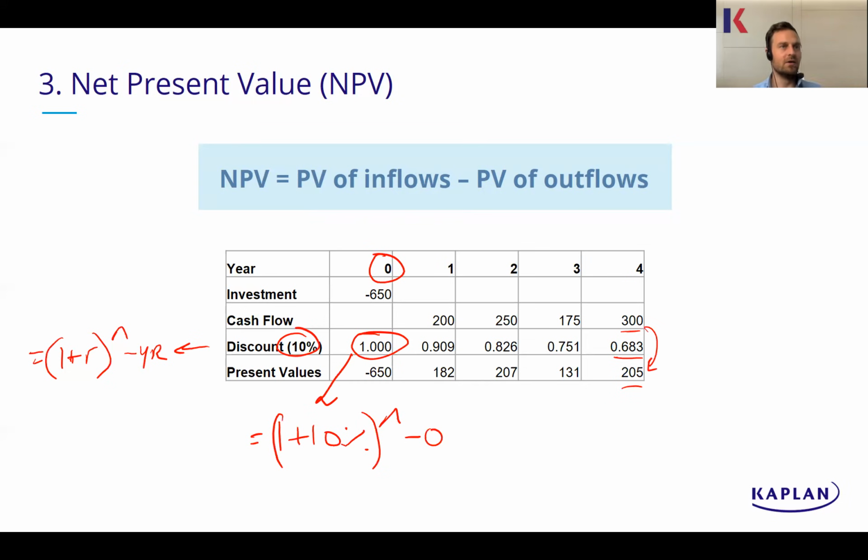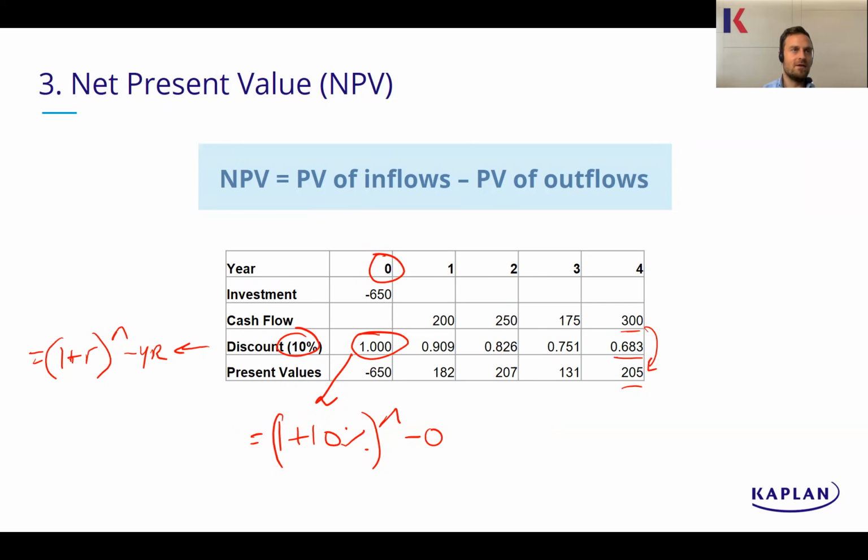So that'll give you 0.909, etc. So that's a nice little shortcut. And what you can do then is just drag that formula across, and it will just fill in your discount rates for you. So much quicker. And that also helps if the discount rate isn't in your tables. So if it's an odd, if it's 12.3% or something, this will still work. You can still use it. So that's a nice little way to get those discount rates.